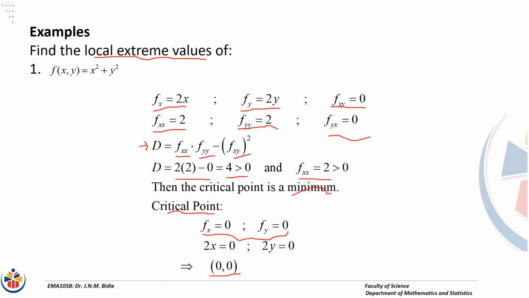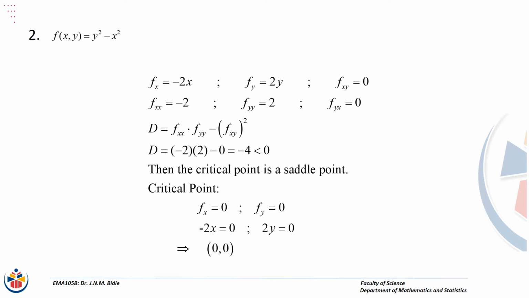Let's go to the second one. You've got y squared minus x squared. We also do the same. Find the first derivatives, both of them, and also find the mixed derivatives, both of them. I'm hoping you are checking whether my results are correct.